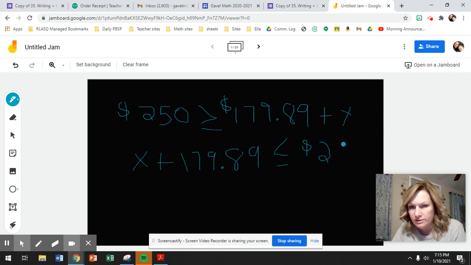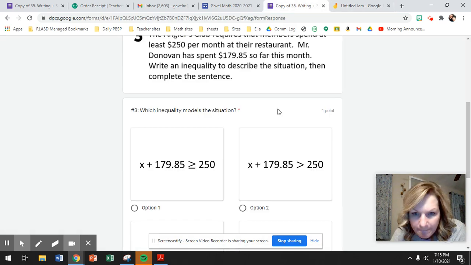These number sentences are exactly the same, just flipped. Because here 250 is greater than, and here the less than or equal to is still eating the 250. They're just written the opposite, but they're the same exact word problem.